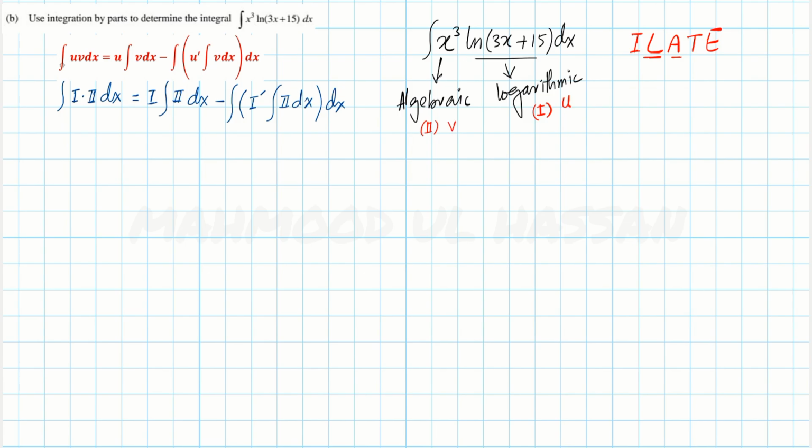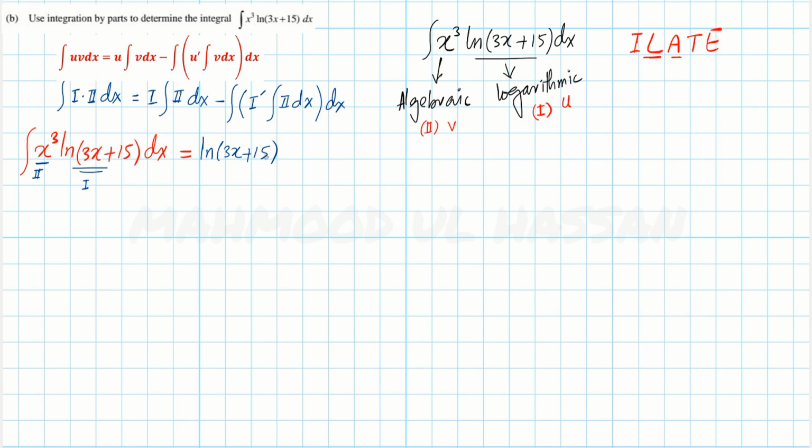So here our integral of x cube natural log of 3x plus 15 dx equals, now consider the second function x cube, that is algebraic, and the logarithmic function is our first function. So we will keep the first function as it is, that is log of 3x plus 15.